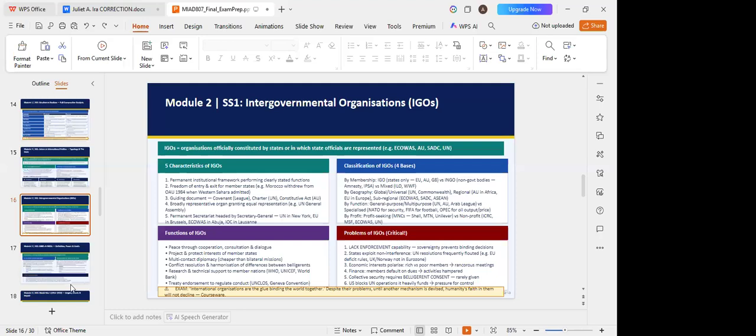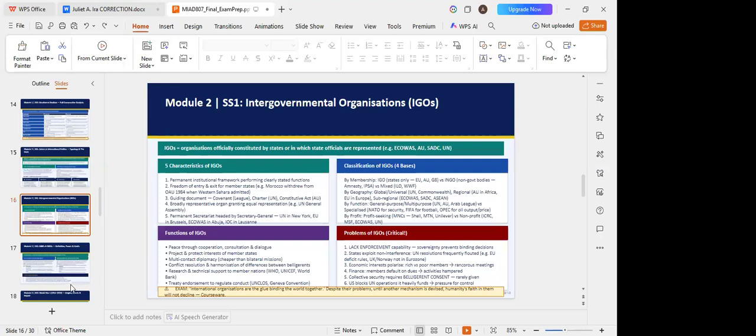Do you understand? That is, for an intergovernmental organization to exist, states must exist, because they are created by states through treaties or agreements. The reason they are created is to manage problems happening in the international system, to promote cooperation, or to regulate the behavior of states in the global system.